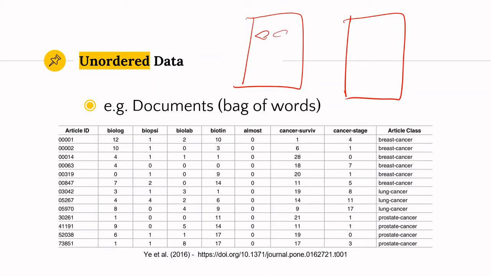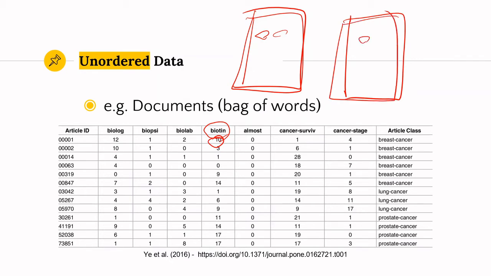So you can count how many times the word, in this example, biotin is referred to in one document, and count the frequency of the appearance. You can do the same thing for the other document, and then you can compare them together.